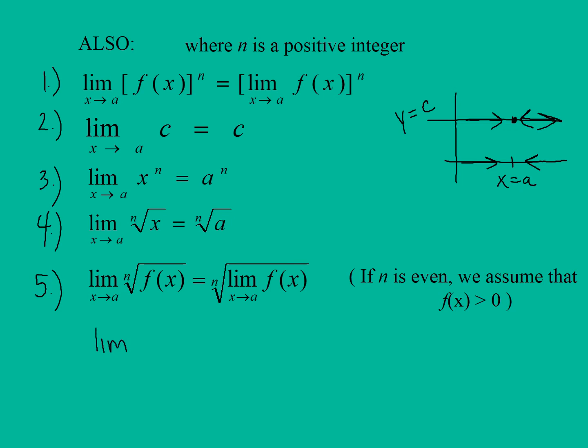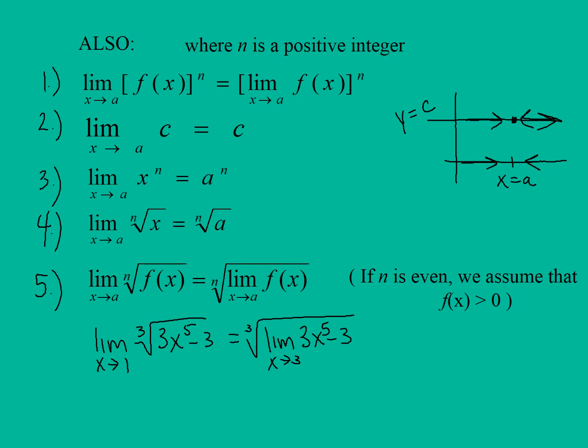If we have the limit of the cube root of 3x to the 5th minus 3 as x approaches 1, I can find this limit by taking the limit inside the cube root function and finding the limit of this expression first and then taking the cube root.